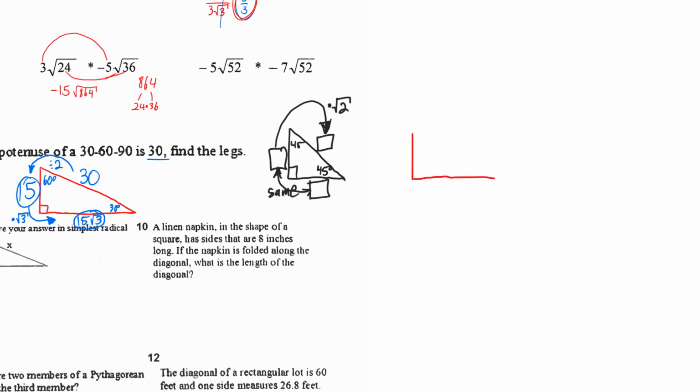Then on a 30, 60, 90, to get from the short leg to the hypotenuse, multiply by 2; the hypotenuse is double the short leg. How do I get from the short leg to the long leg? Multiply by the square root of 3.